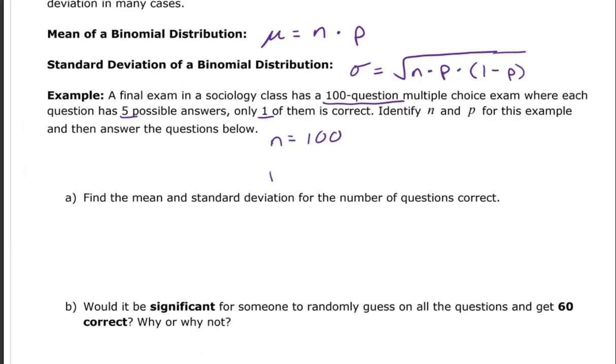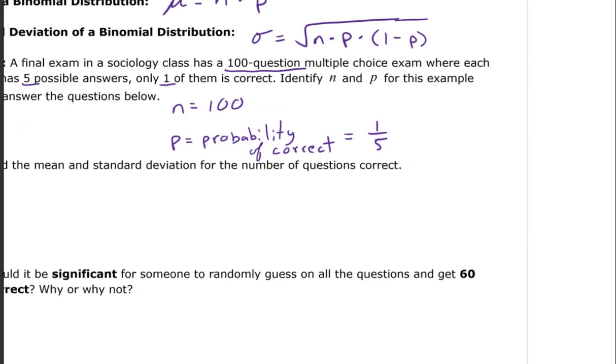And let's let p be the probability of a correct answer. What's the probability of getting one of these questions right if it's multiple choice with 5 answers? Well, it's going to be 1 out of 5, or 0.2 if you want to make it a decimal. That might help too. 0.2.